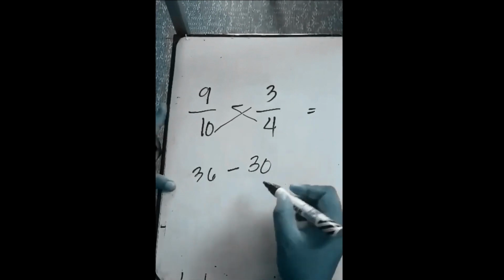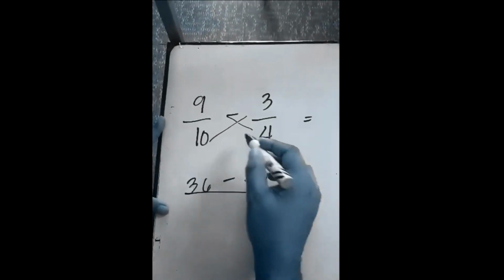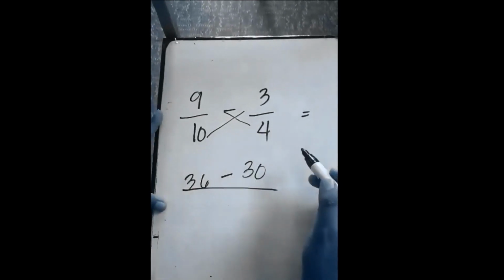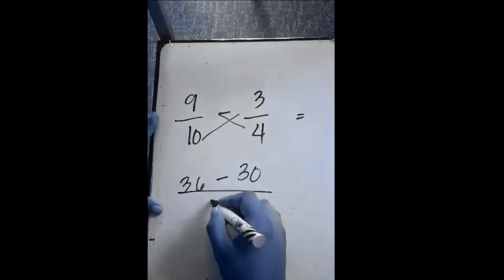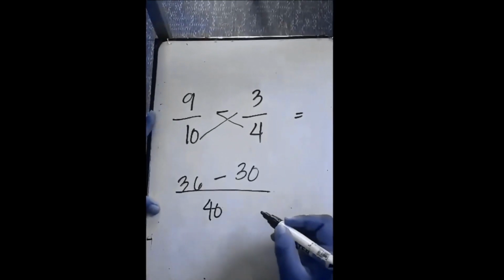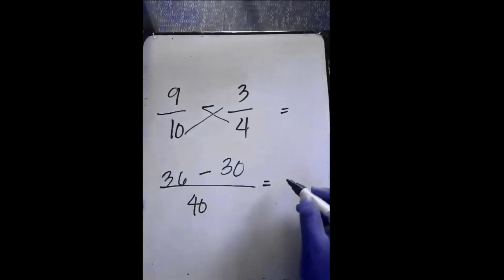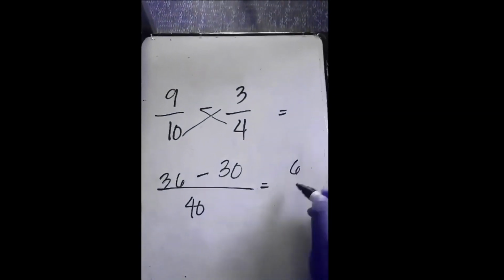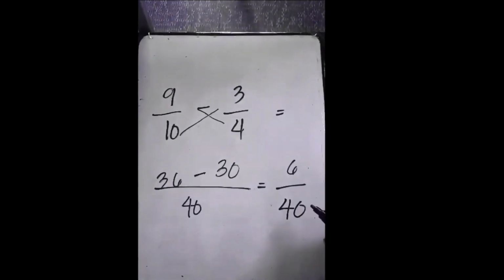That's equal to 30 over, now the new denominator will still be the product of the two denominators. So 10 times 4 is equal to 40. And simplifying our numerator, 36 minus 30 is equal to 6 over the denominator 40.